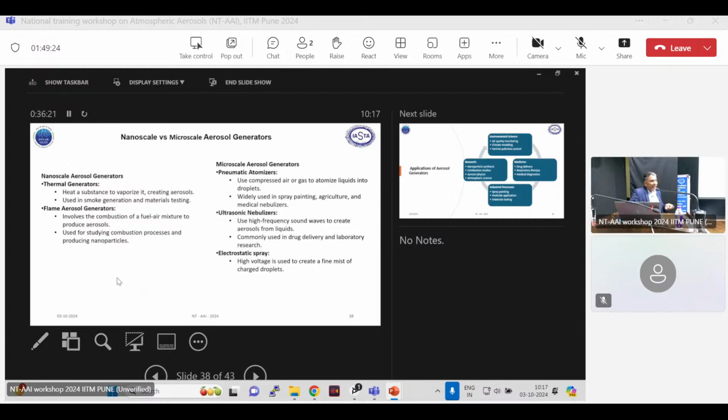These are the aerosol generation methods I have covered, but it is not all the generators. But okay, I just want to give some feeling of what are the conventional or market available aerosol generators, and what the nuclear industry or other industries use for generation of aerosol. Nano scale and micro scale aerosol generators we can characterize based on the principle by which they generate aerosol. If it is gas to particle conversion, chemical reaction or vaporization and condensation, definitely these particles are in the nanometer range.